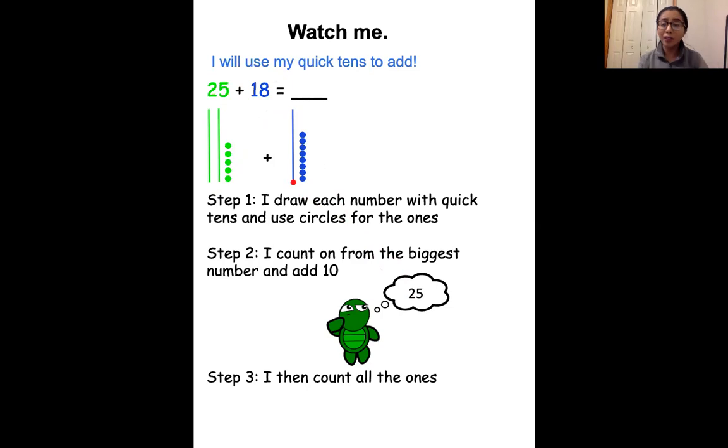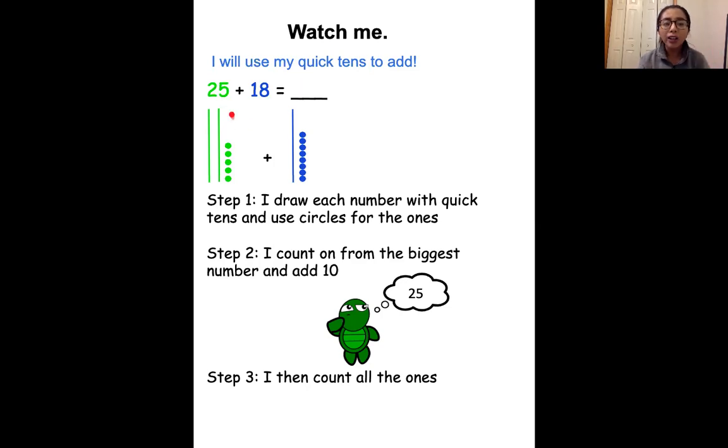And now the very last thing I have to do is count my ones. So 36, 37, 38, 39, 40, 41, 42, 43. So I added and got all the way to 43 as my answer. Let's try that one more time.